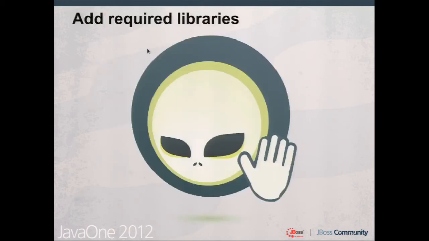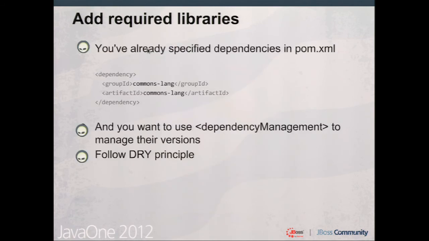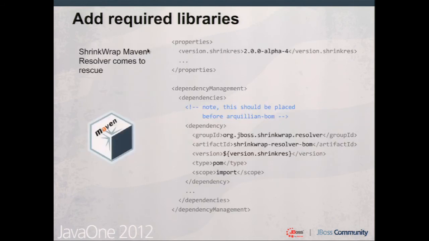The idea is not to repeat yourself, so you already specified all these dependencies inside of your POM file. That's the example, like you have a dependency on commons-lang. So you already specified this, and you don't want to repeat yourself in the test itself, because once you change your application, the test will fail because it contains something a bit different.